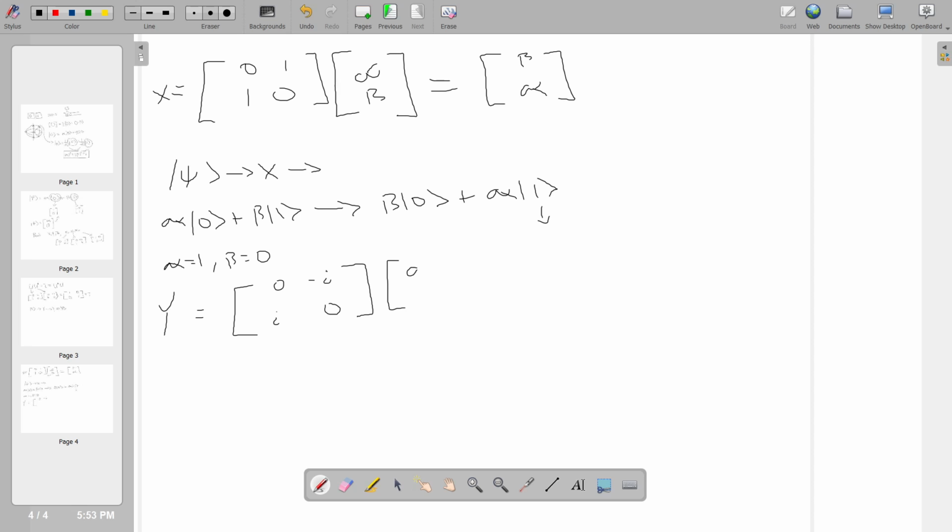And so if we do this, we can see that this results in row times column, we get -i beta, and row times column, we get i alpha, or we can write this factoring out the i to be i times (-beta, alpha).